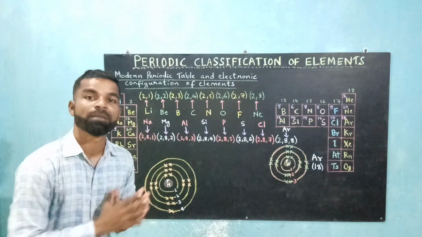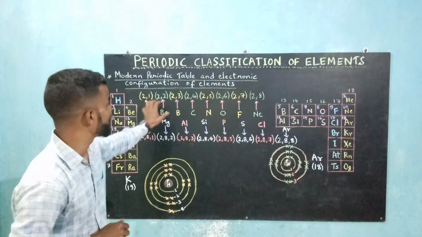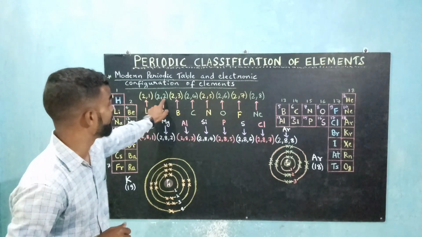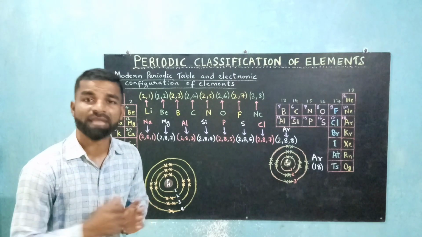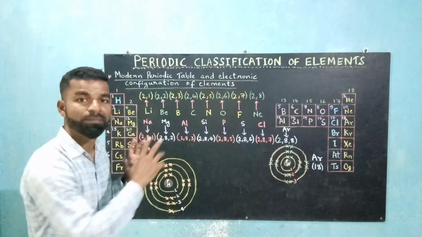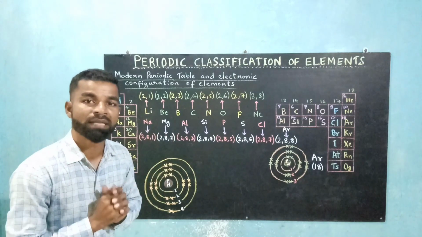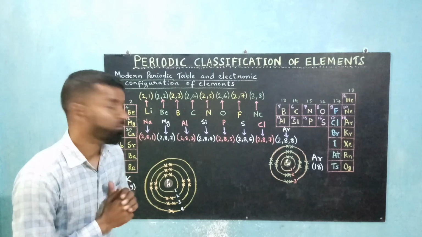The electrons are placed in 2 shells in the second period. So there are 2 shells in the electronic configuration of every element, but the number of valence electrons are increasing by 1. So as the atomic number of the elements within a period in the periodic table, as we move from left to right, increases by 1, the valence electrons are also increasing by 1.